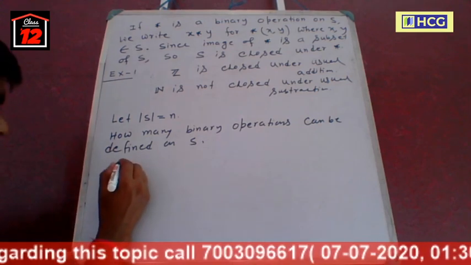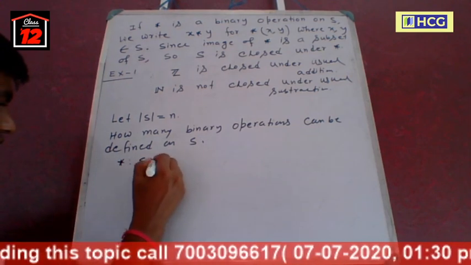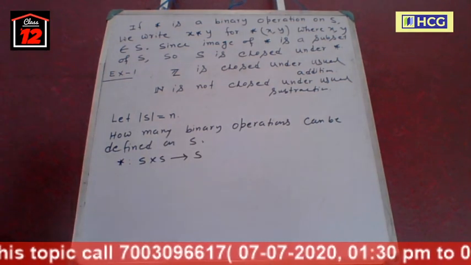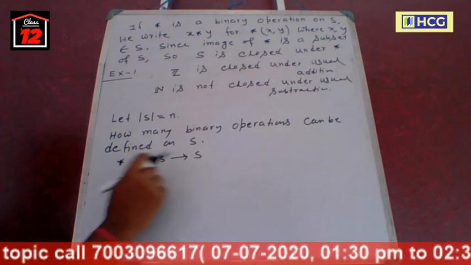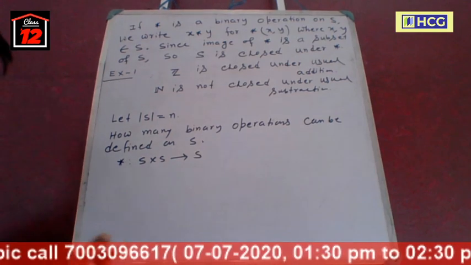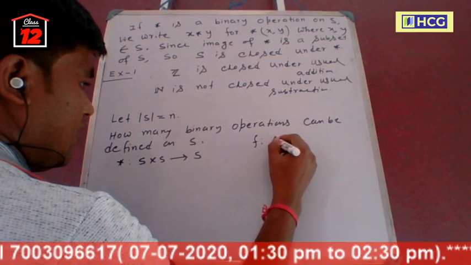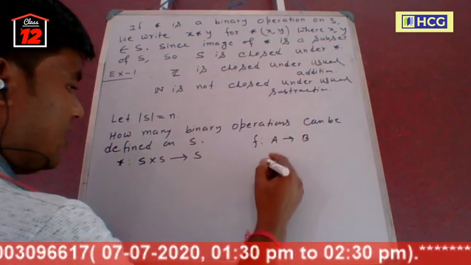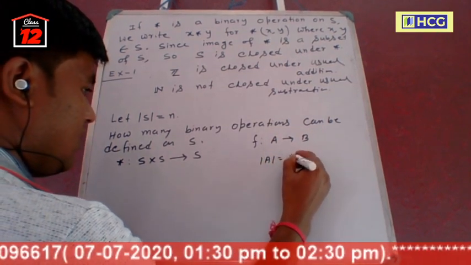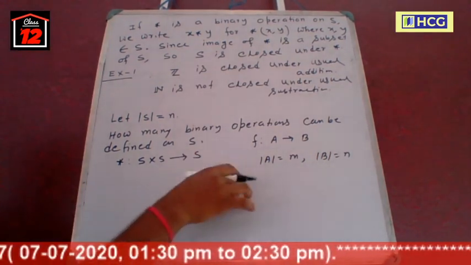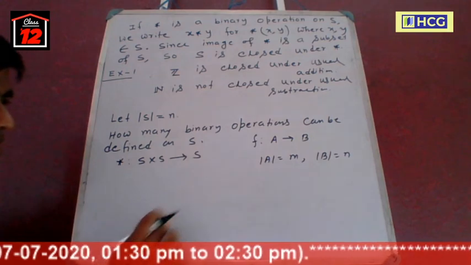Now if star is a binary operation, then star is a mapping S cross S to S. So at first we count how many mappings can be defined from S cross S to S. Let capital A contain m elements and capital B contain n elements. How many mappings are defined from A into B?